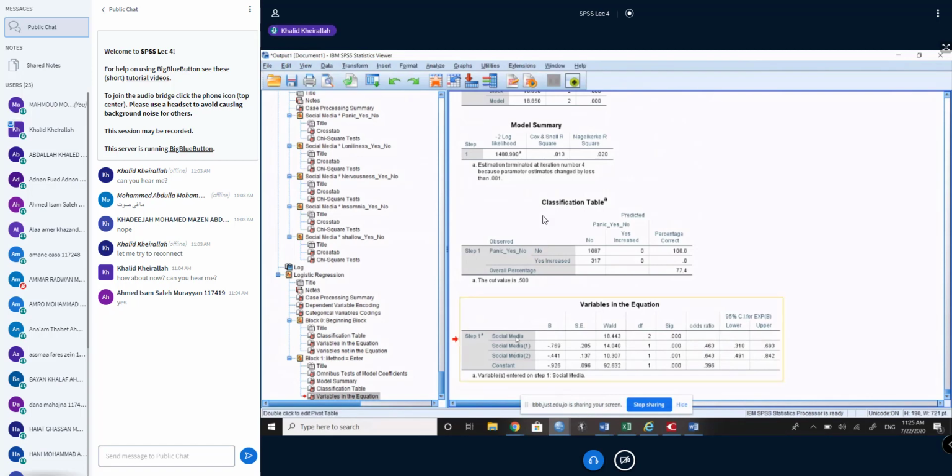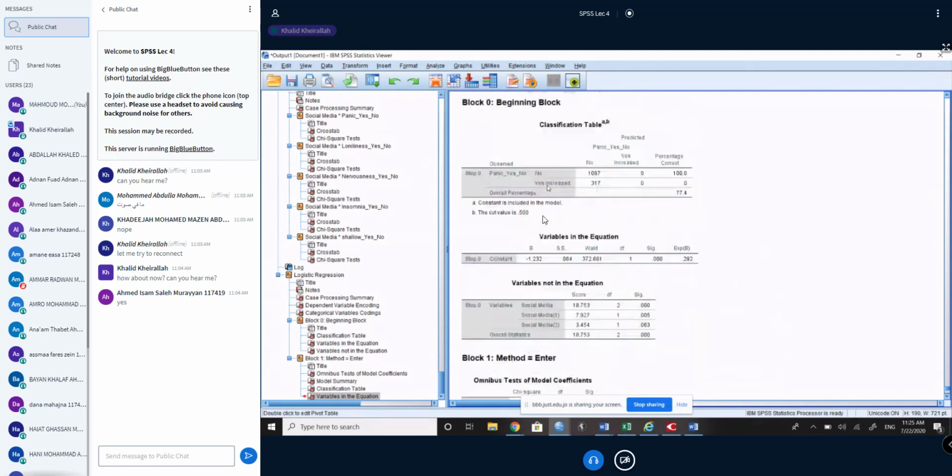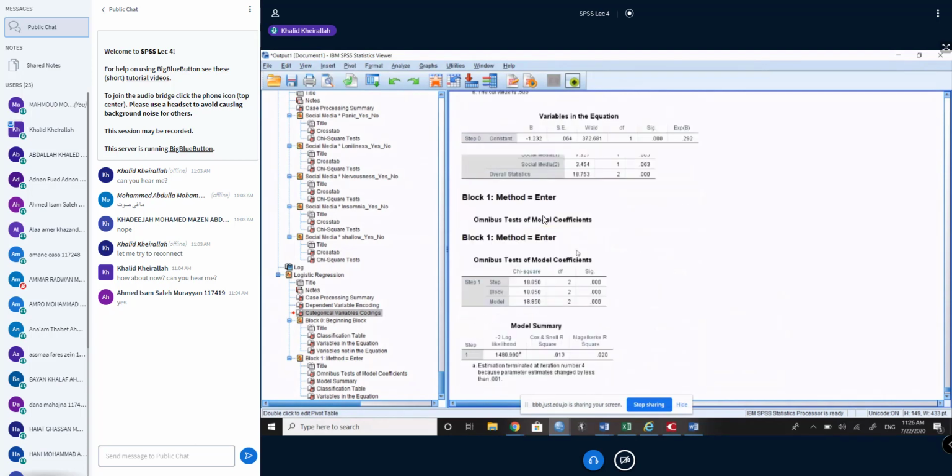And this table, we said social media. If you look in here, social media has three levels. The first one was considered as a reference. So this is the reference. And then we have never, and then we have rarely, sometimes. So the reference is not going to show up in this table.